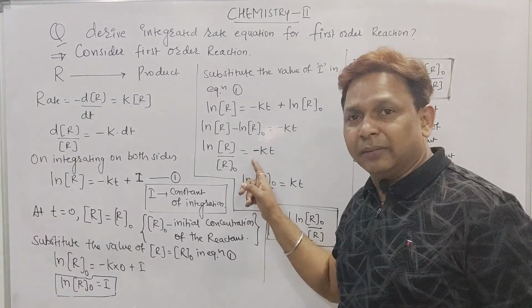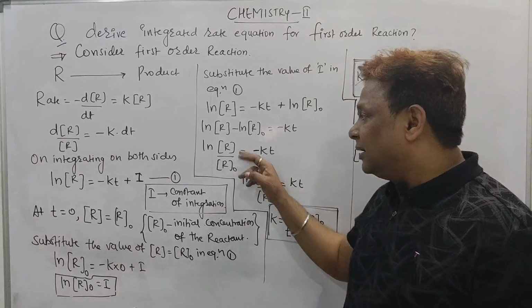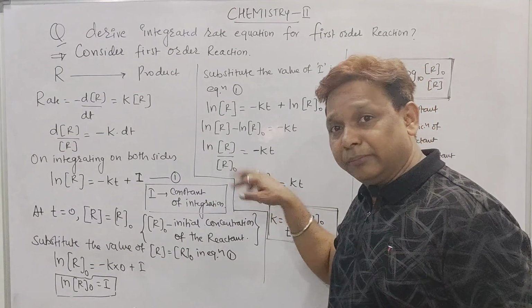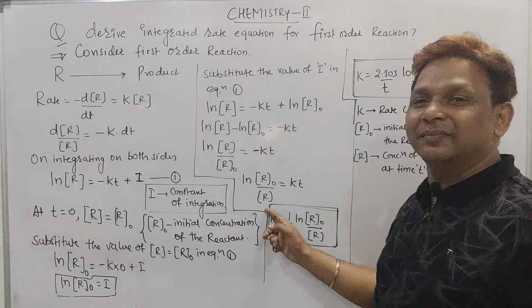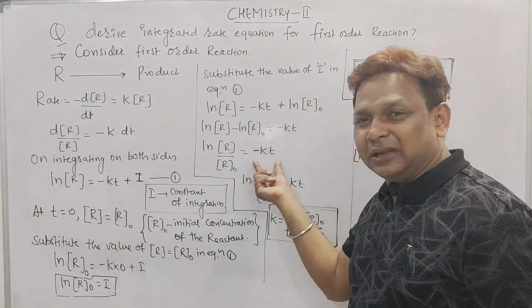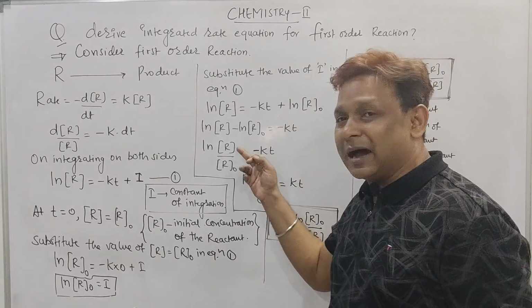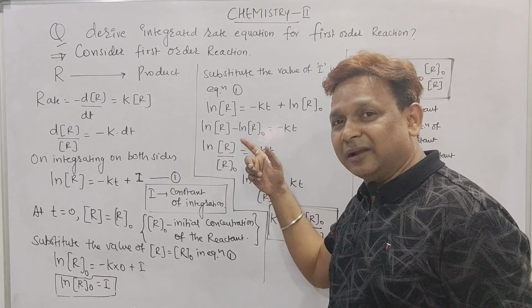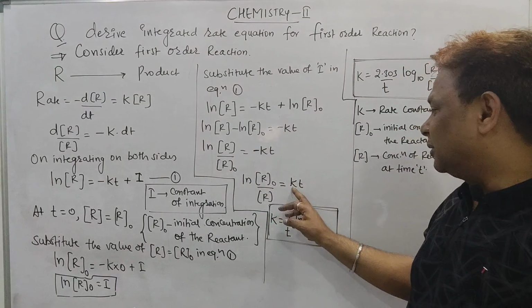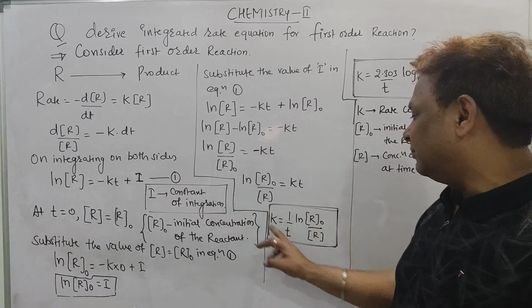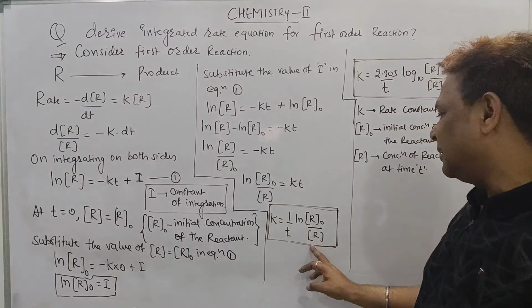If you want to make minus kt plus kt, reverse R by R naught to R naught by R. Then K equals 1 by t, ln R naught by R.